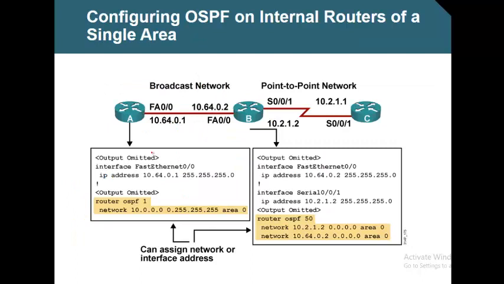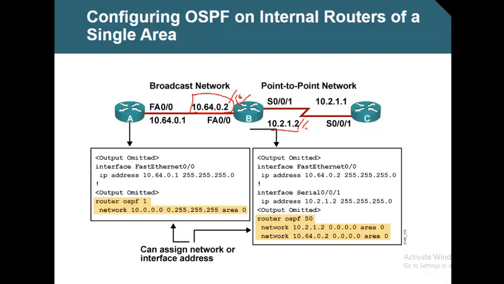See, for example, here on router B, there are two networks. One is 10.2.1, another one is 10.64.0.2. The mask here may be 16, they have not mentioned.